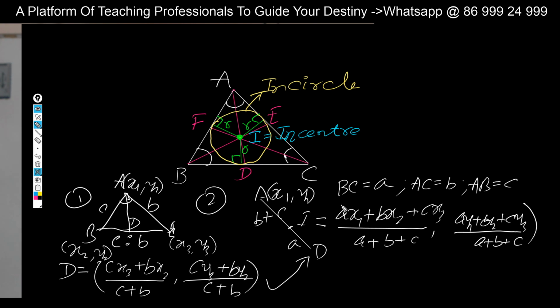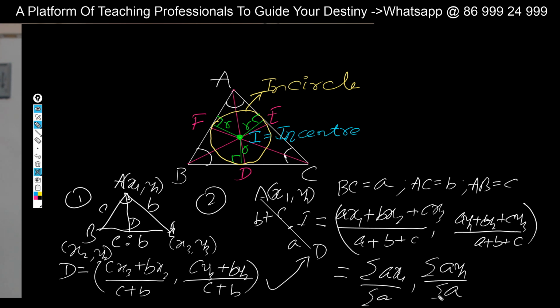So what are you getting? The incenter formula is sigma a x1 by sigma a, sigma a y1 by sigma a. Simply you can remember it like this.